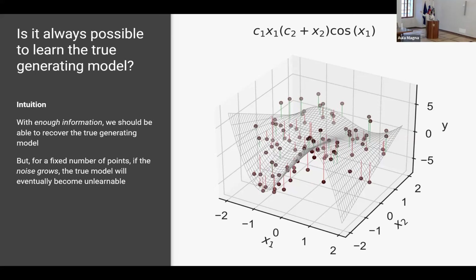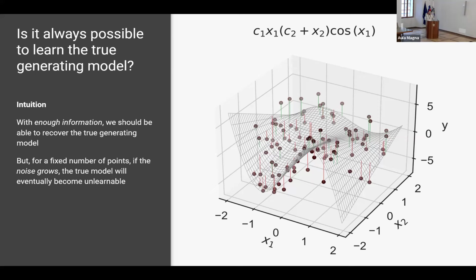Now, on the other hand, if you start increasing the noise in this data, and now your function is a smooth function between, let's say, 0 and 1, and your noise goes between 0 and 10 to the 10, you will not be able to identify the correct model.